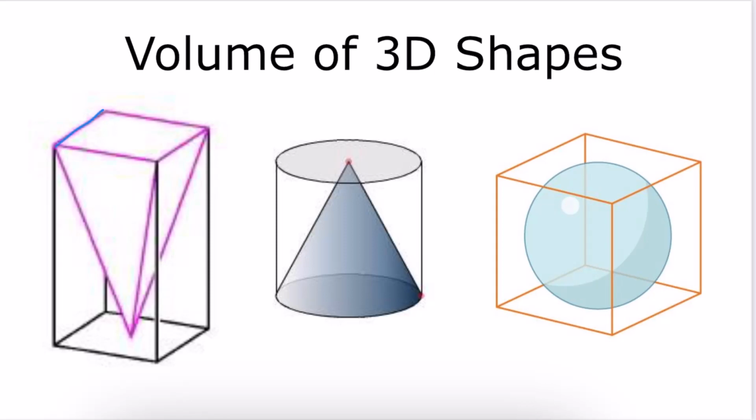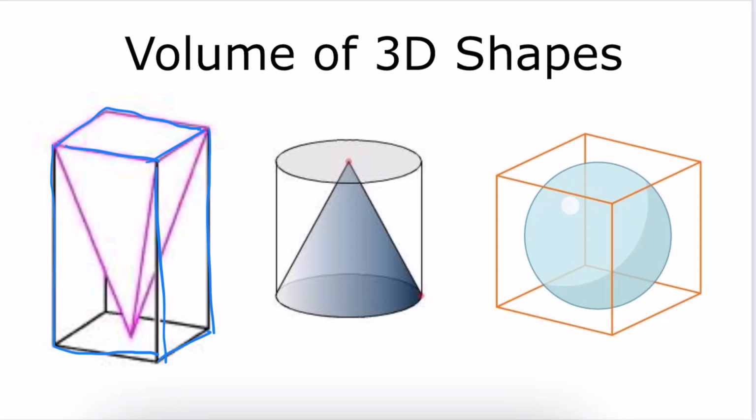So, for example, if you have this square pyramid here, one way that you can find the volume of that pyramid is to find the volume of the rectangular prism that it fits inside, and then it will be a fraction of that because it's only filling up part of that rectangular prism, but not the whole thing.